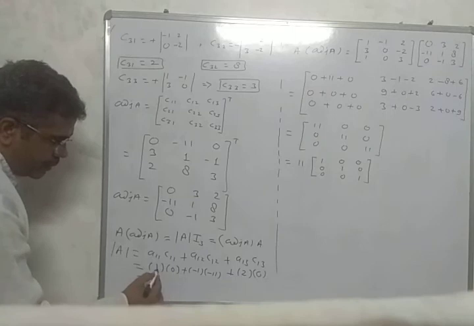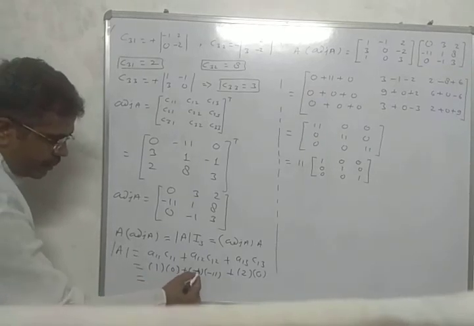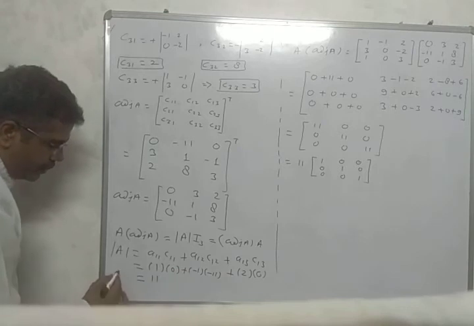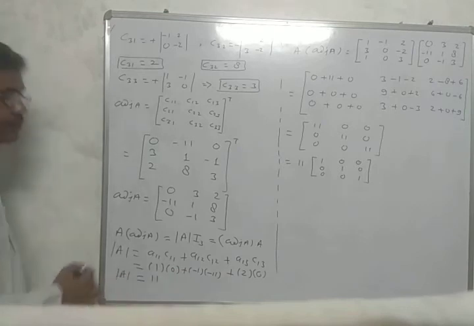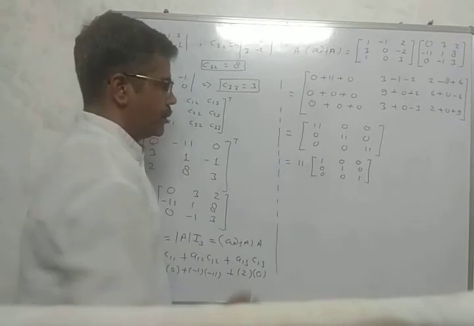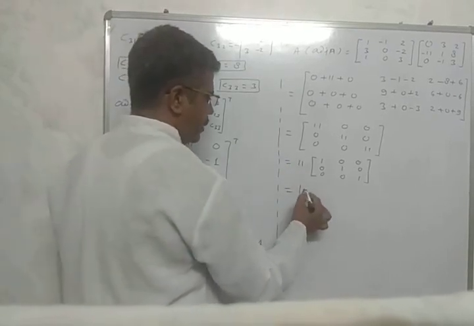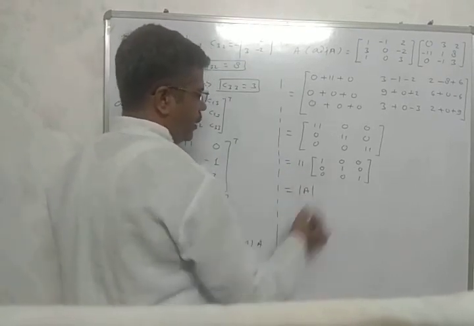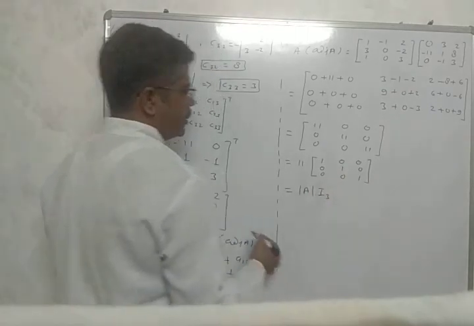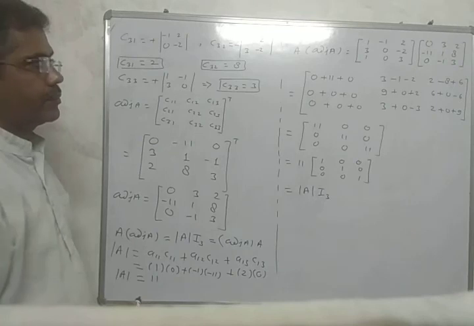We write 1 into 0, 0, minus plus, so we write 11, the value of determinant. It is the value of the determinant, and it is the 3 order unit matrix, so we write I3.